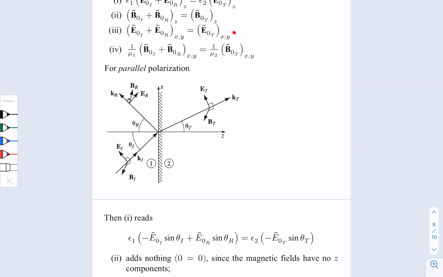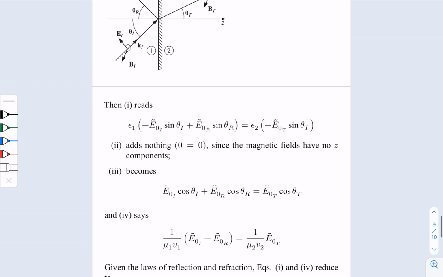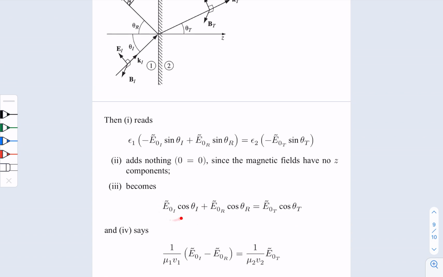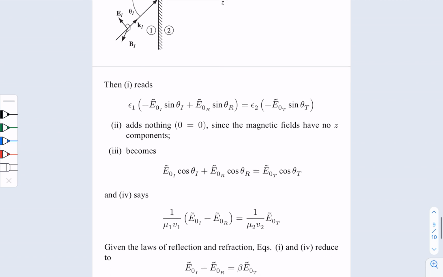And this is the parallel direction of the E field. So the E field can be parallel to this along the x direction. Here, equating the E field, you simply project out the E field for all these components. And similarly, we can do the calculation for the parallel direction of the B field. Now, 4 boundary conditions give us 3 equations.